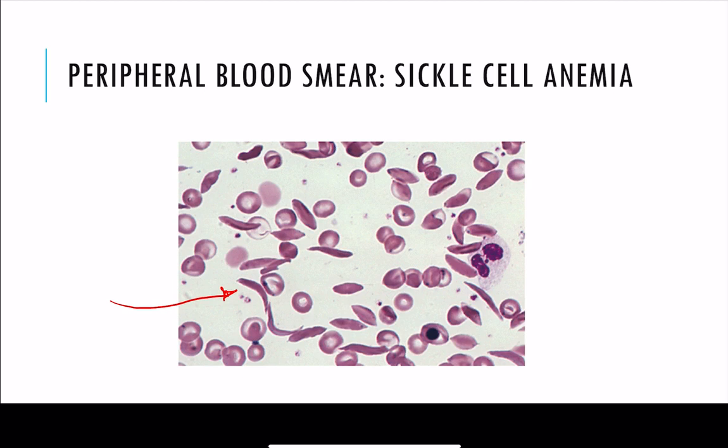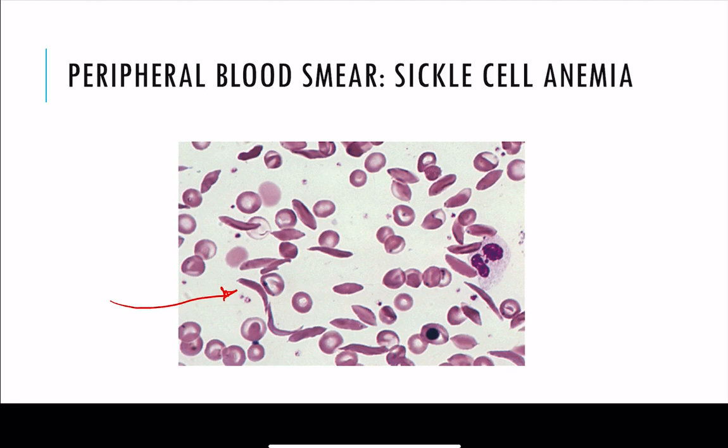In an area of the world that experiences more malaria, this is a protective genetic mutation because it increases the likelihood of survival to that condition. It's very interesting, and it can help explain such a high prevalence of this condition.